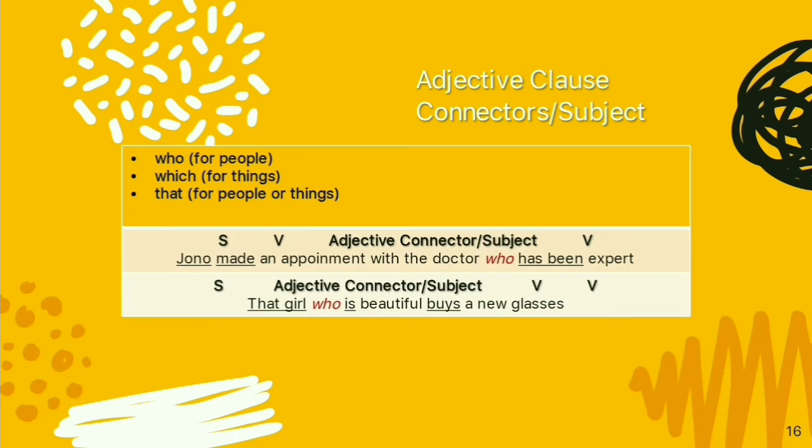Jono as subject, made as verb, who as adjective connector or subject, has been as verb. Second example, that girl who is beautiful buys a new glasses. That girl as subject, who as adjective connector or subject, is as verb 1, buys as verb 2.